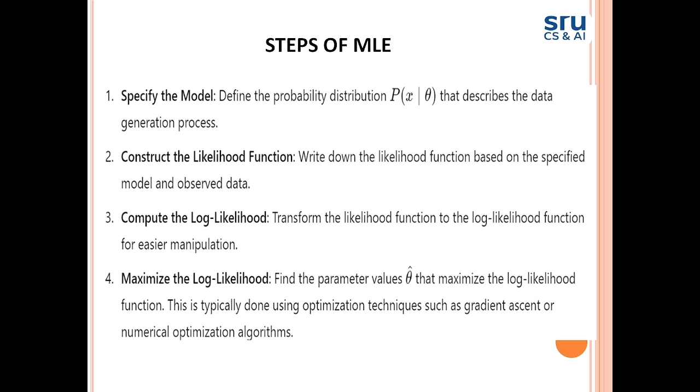In the fourth step, we have to maximize the log likelihood. Find the parameter value theta cap that maximizes the log likelihood function. This is typically done using optimization techniques such as gradient descent or numerical optimization algorithms.